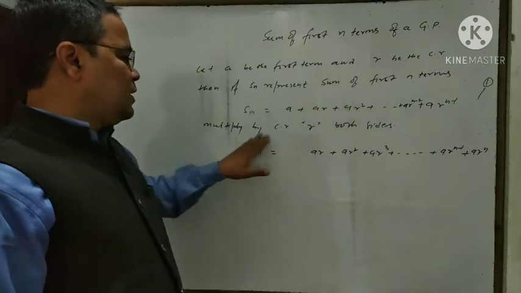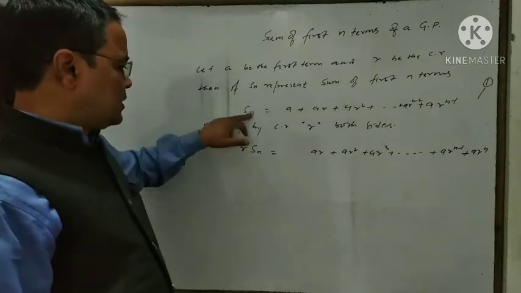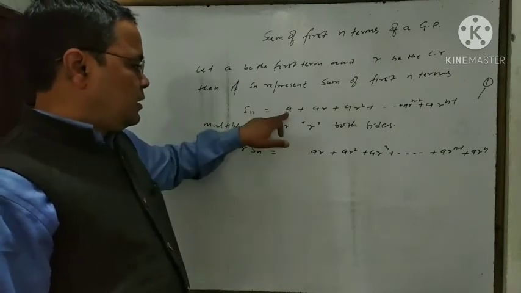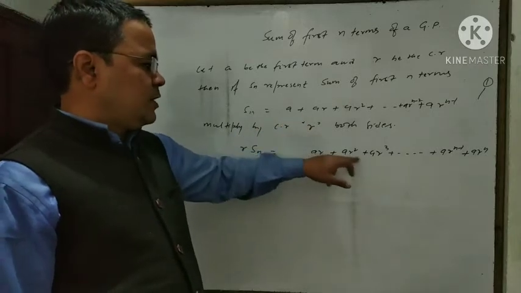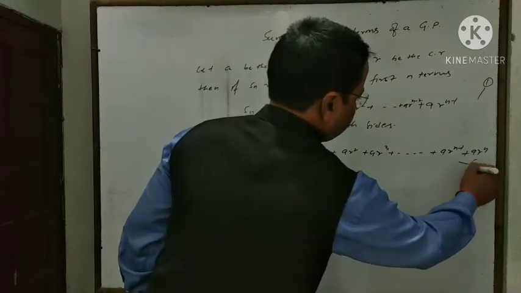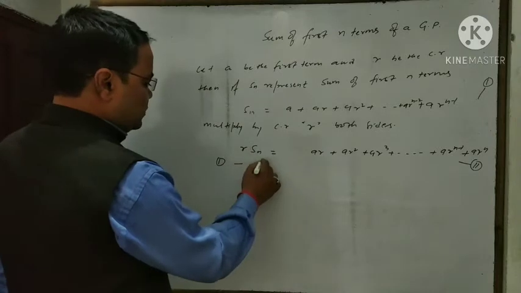Now multiply by common ratio small r both sides. If r is multiplied by Sn, it gives r Sn is equal to, when a is multiplied by r, it will be ar. When ar is multiplied by r, it will be ar square, like that. Take it as equation second. Now equation 1 minus equation 2.